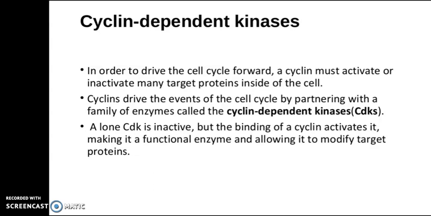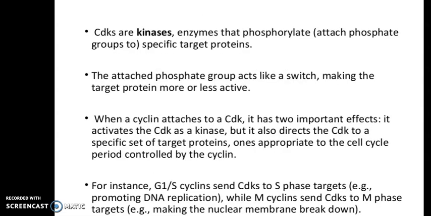CDK is inactive when it is alone, but the binding of a cyclin activates it, making it a functional enzyme and allowing it to modify target proteins. CDKs are kinases, the enzymes that phosphorylate specific target proteins. The attached phosphate group acts like a switch, making the target protein more or less active.